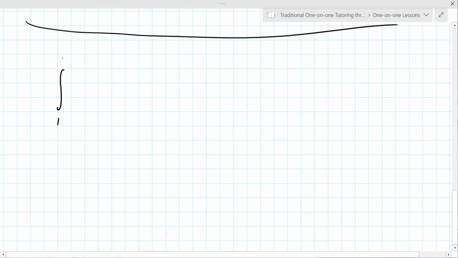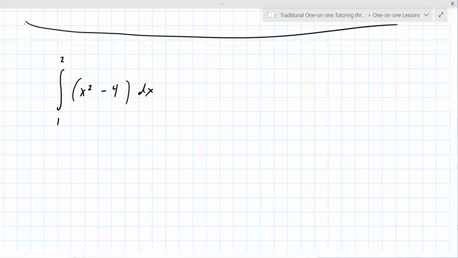So let's just go from 1 to 2, x squared, let's do a minus here, x squared minus 4 dx. Okay, so this is like one we've done. What do you see here?